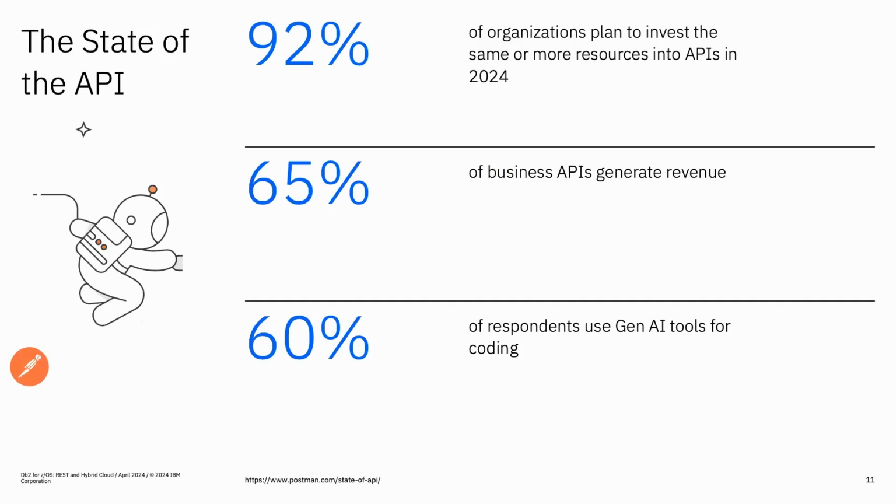So this brings me to APIs. There's a report that's put out. This is the 5th year that they've done it. It's called the State of the API. It's done by Postman, which is a company that we also use in the workshop, where you can manage REST APIs through their interface.